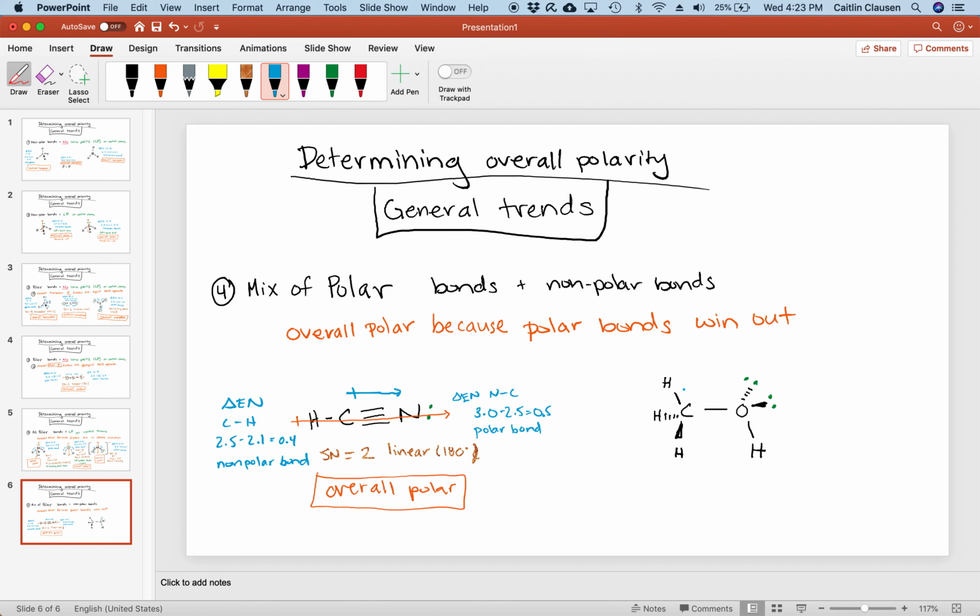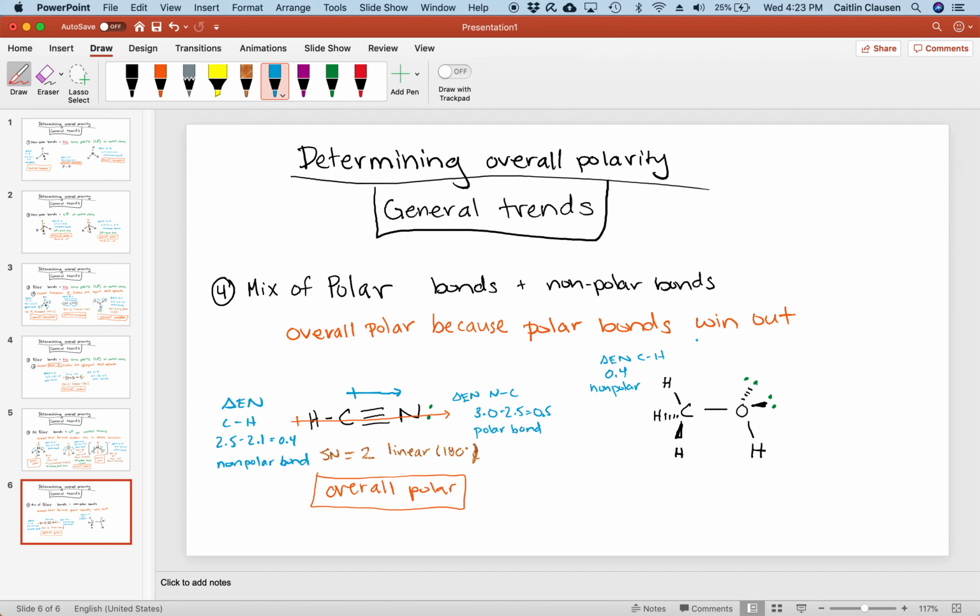When you have a molecule that has two central atoms, if I give you this on the exam, I would ask you to find the delta En for the central atoms, carbon and oxygen. So here, carbon's attached to 3 hydrogens, so I need to calculate delta En carbon to hydrogen, which we calculated on this side. It's going to be 0.4, which is nonpolar. So no arrows along the carbon-hydrogen bonds.